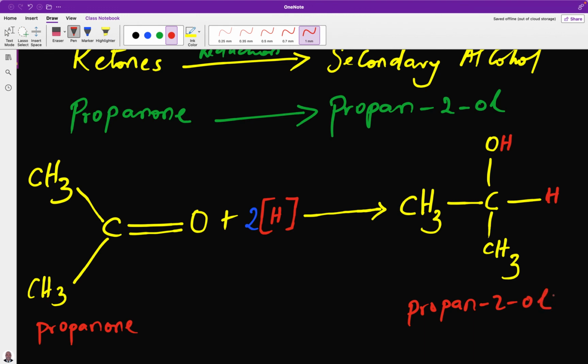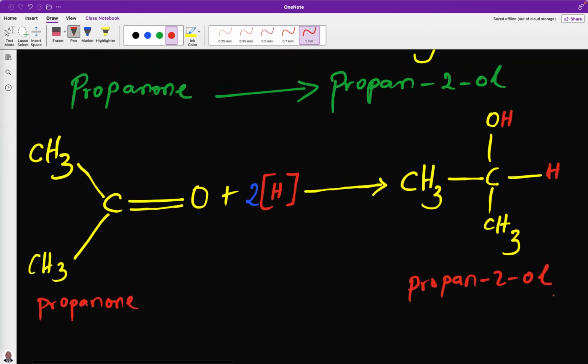So now you have this propan-2-ol, which equally could be written as a structural formula, it's okay. So that is just how you can produce it.